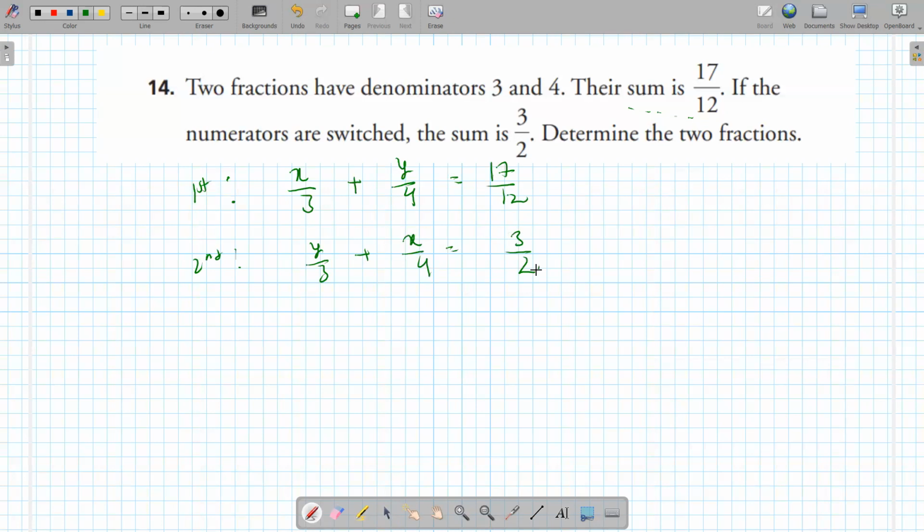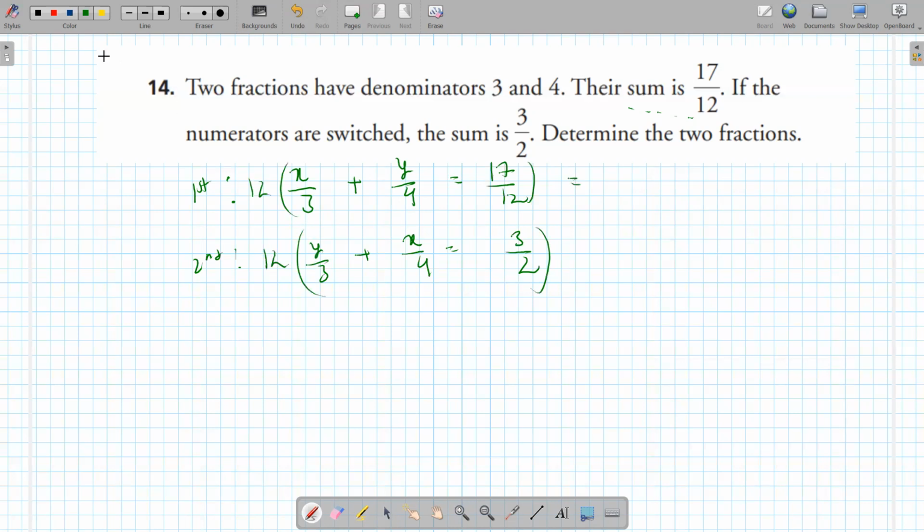How do you solve this? I think the easiest thing to do would be to multiply both equations by the LCD of 3 and 4. What's the LCD between 3 and 4? 12. So we're going to multiply both equations by 12. That'll get rid of the fractions completely.